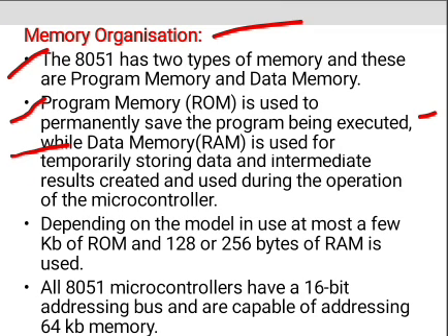While data memory, the random access memory, is used for temporarily storing data and intermediate results created and used during the operation of the microcontroller. That means ROM is used for permanent storage, and RAM is for temporary storage of data and stack.